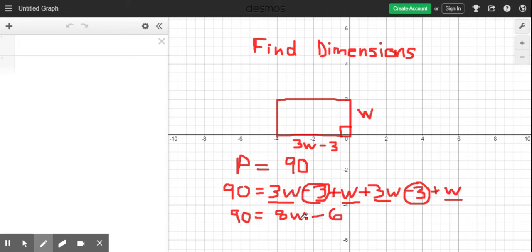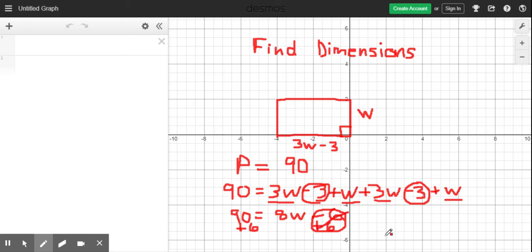Now we need to get the W alone on one side. That's what it means to solve, is to get your variable alone on one side of the equal sign. Okay, now I'm going to add 6 to both sides because negative 6 plus 6 is a 0 pair. It goes to 0.